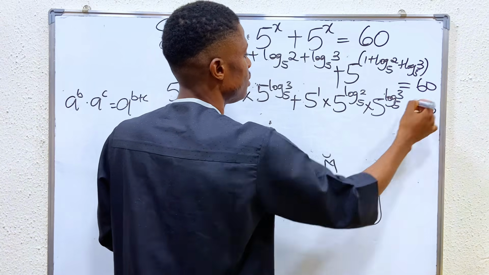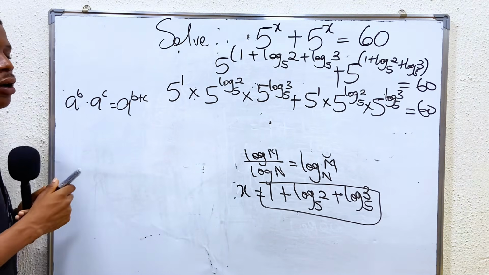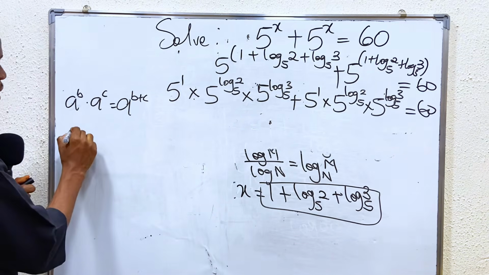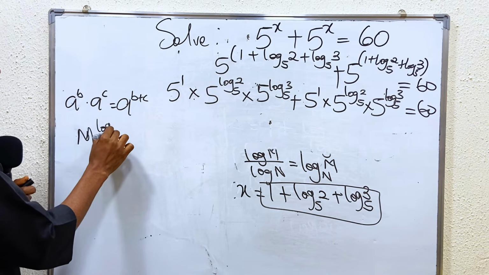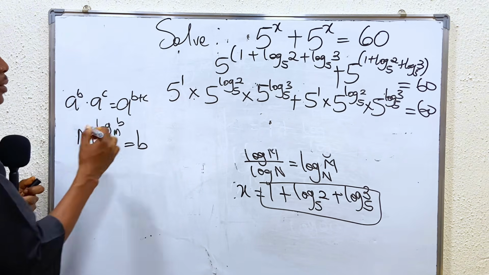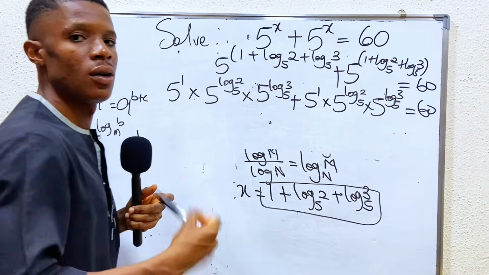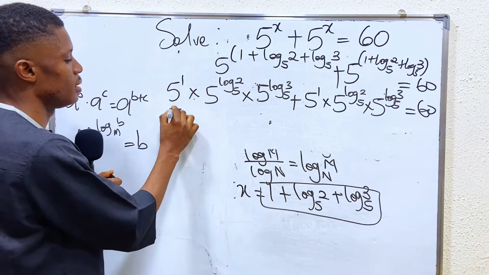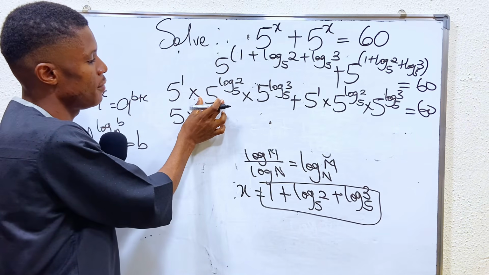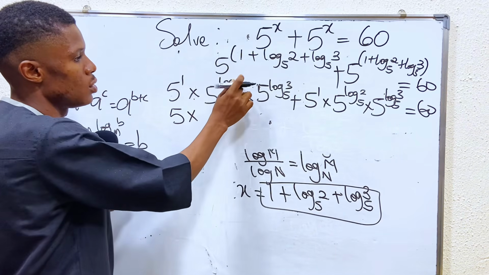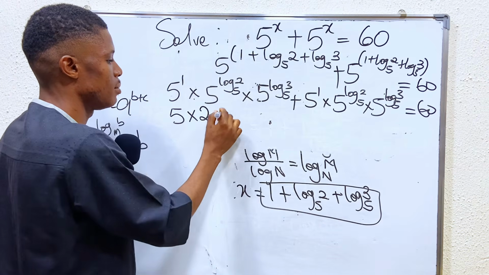Is it actually 60? Before we split this, we should remember this law of exponents: whenever you have a term like m raised to the power log base m of b, the answer is b. If you understand this, we apply it to each of these terms. 5 power 1 is 5, times 2, times 3.